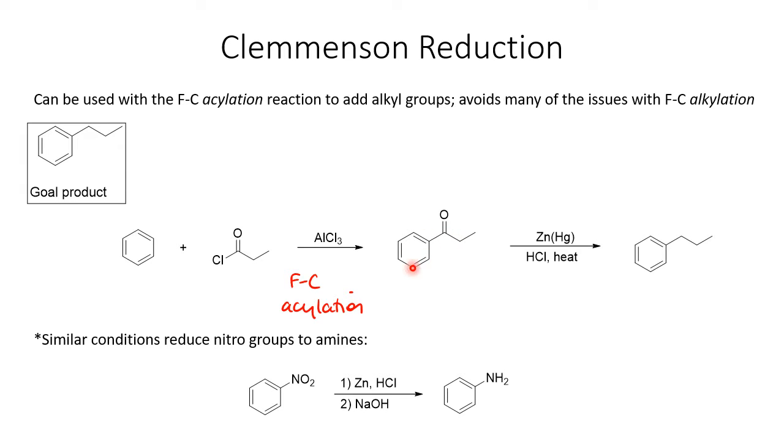Next, we would treat this molecule with Clemmensen reduction conditions, including zinc, which is covered with a mixture of mercury, as well as hydrochloric acid and heat. So these reaction conditions are actually going to completely get rid of the carbonyl of the acyl group, and we're left with just a straight chain 3 carbon chain. So this is our Clemmensen reduction here.